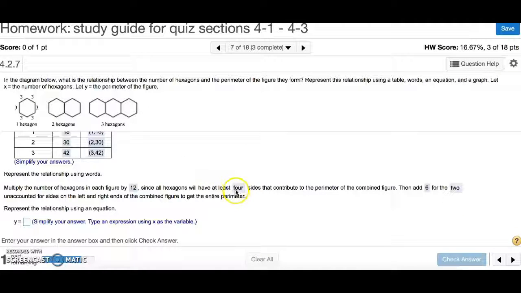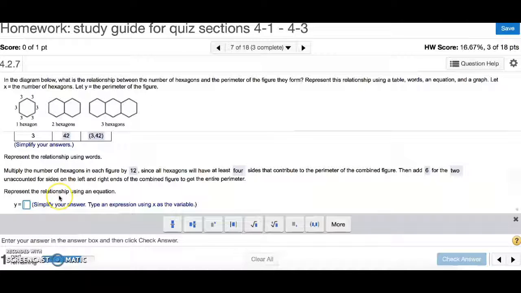The reason why I choose 4 sides is because there are 4 sides that comprise the top and the bottom, whereas for the left and right to get to 6, there are only 2 sides, so that's why I choose 2 there. Now for my equation, I have 12 times my x, remember 12 is what I'm multiplying, and then I'm adding 6, so I'm just turning the words into an equation.